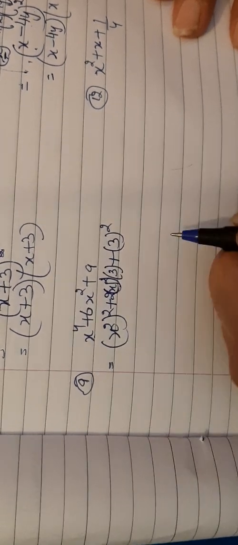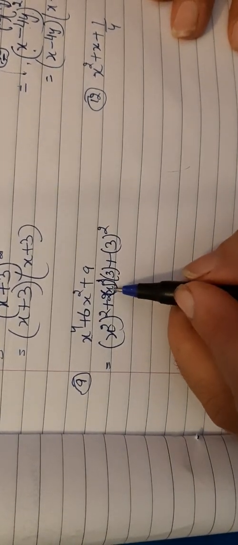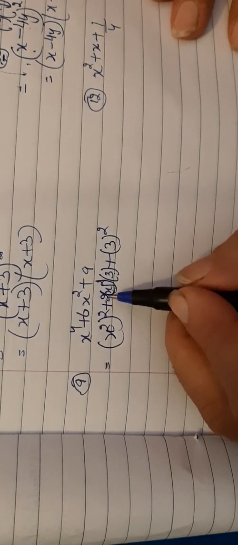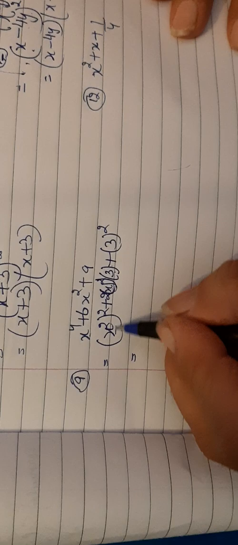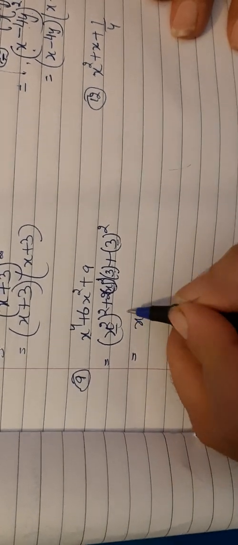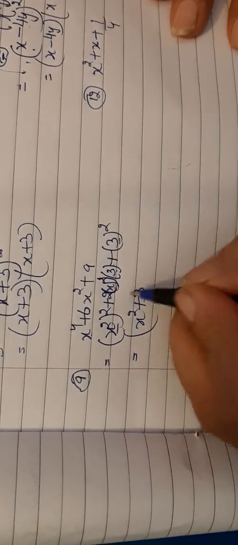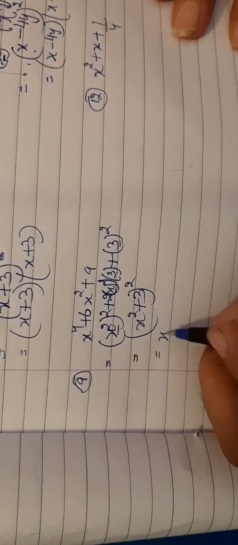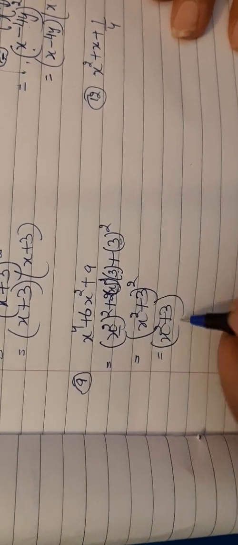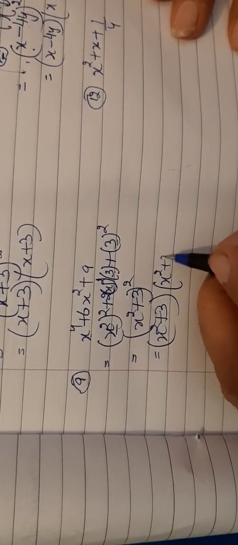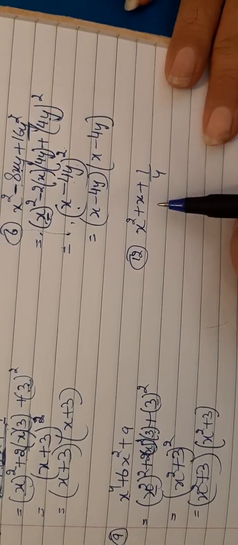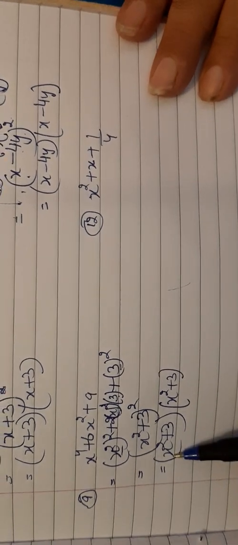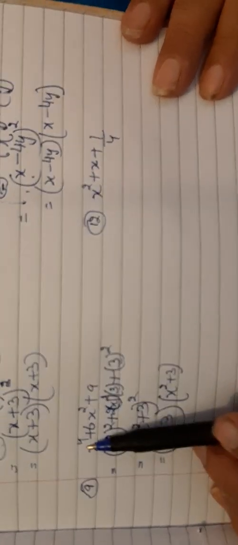So it is 2x square into 3, and 2x square into 3 is 6x square. It means it is the perfect square of x square plus 3. You can write it 2 times. So these are the factors of the given expression.